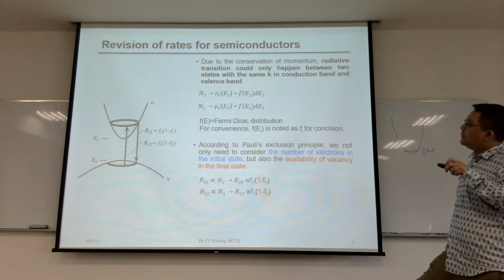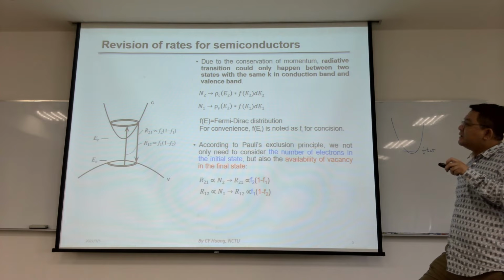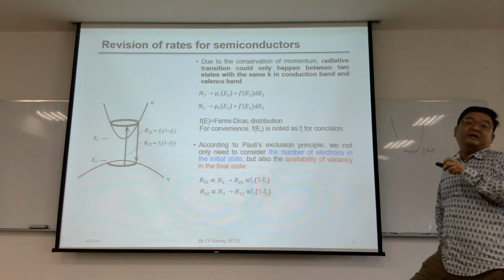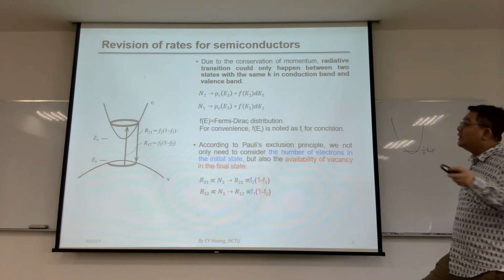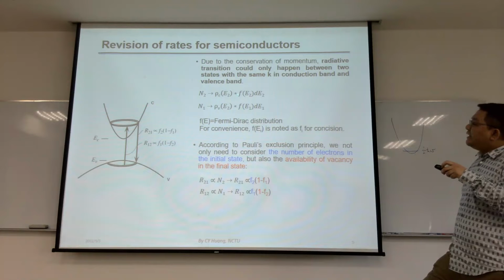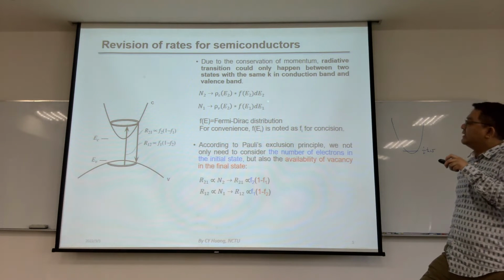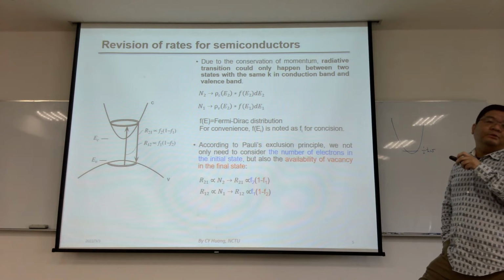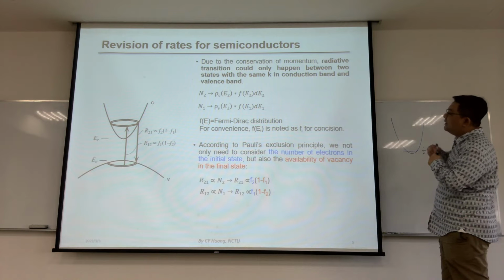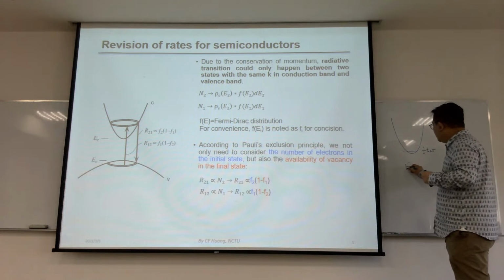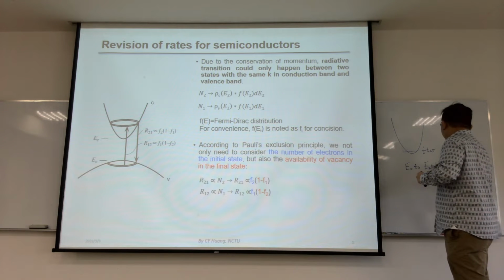So N2 will be the density of states of your conduction band times the probability of its occupancy, since it's not 100% occupied. This is the number of electrons occupying energy from E2 to E2 plus dE.